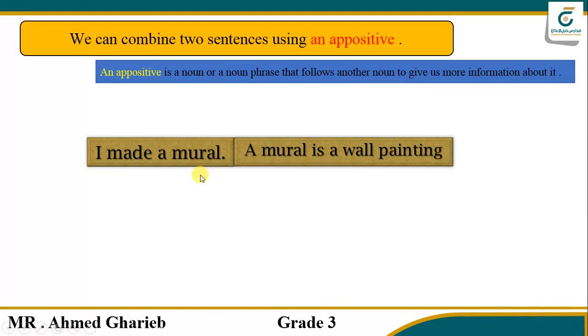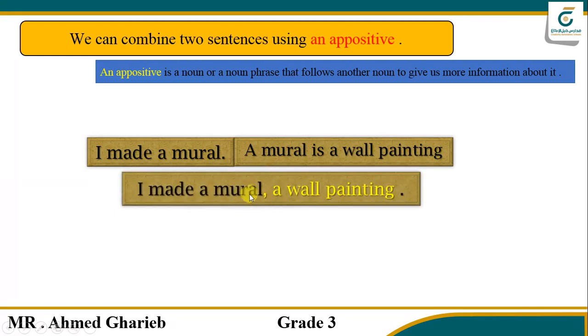So we can make the two sentences just one by saying I made a mural, we add a comma, then the noun phrase or the noun that gives information about the first one. I made a mural, a wall painting. The second sentence is talking about the mural. It defines it. So we can omit this noun and just add a comma and the definition. Okay, this is what we call an appositive.